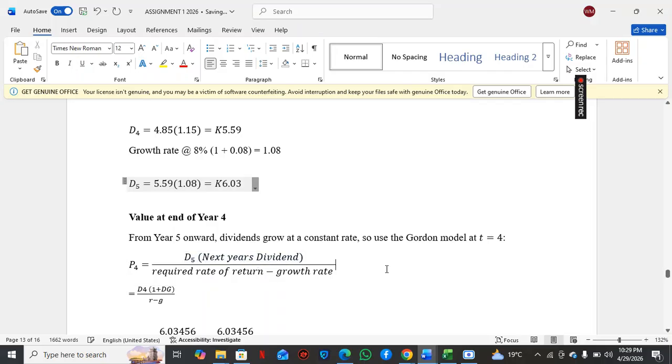Since the indefinite growth rate starts in year 5, when getting the terminal value here, you have to put TV, terminal value. We're going to use this dividend here for D5, which we calculated, this 6.03.